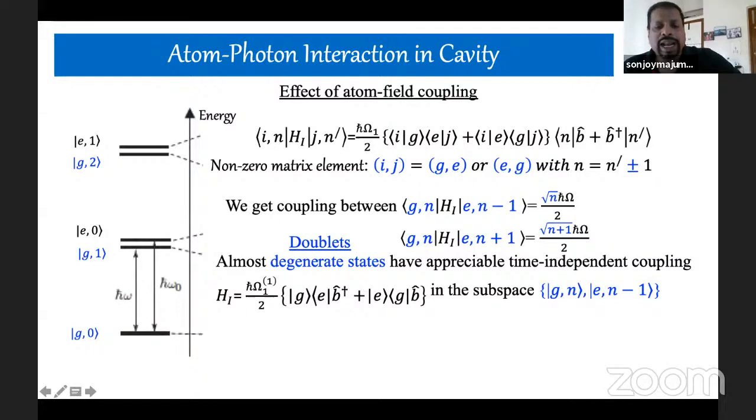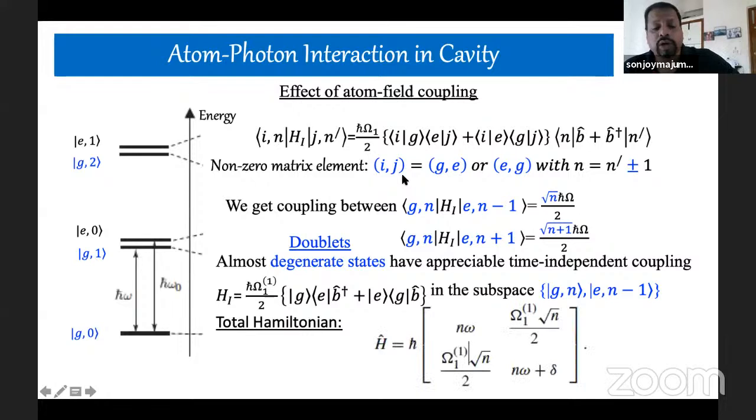So the total Hamiltonian, now, in presence of this coupling: you have the uncoupled energies, and you remember the uncoupled energy is n omega for the nth state. So if I take Gn, this will be n omega.